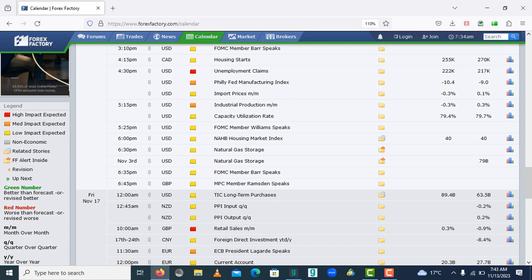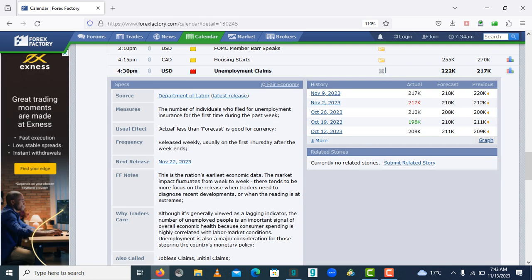Something else, before I close this tutorial, there is something else I would like us to highlight here, which perhaps I never mentioned. There is the forecast and then there is actual. For this one, the forecast is 210.